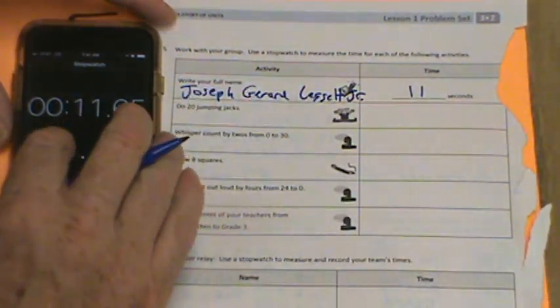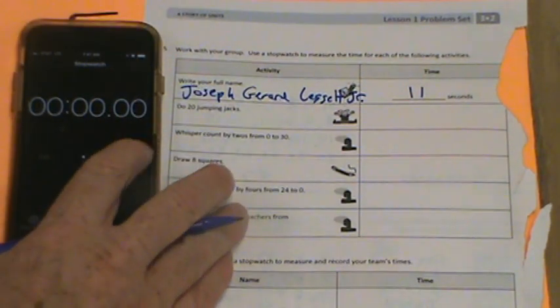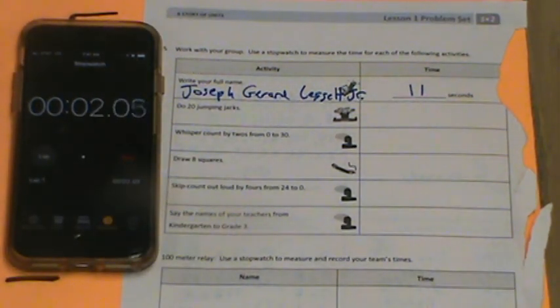Do 20 jumping jacks. Here we go. Ready, set, go. Do them with me if you like. Take off your headphones. 1, 2, 3, 4, 5, 6, 7, 8, 9, 10, 11, 12, 13, 14, 15, 16, 17, 18, 19, 20.